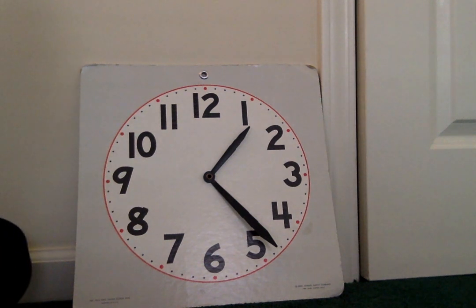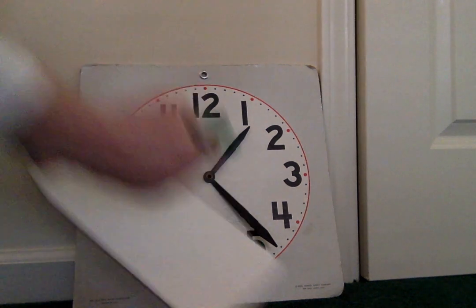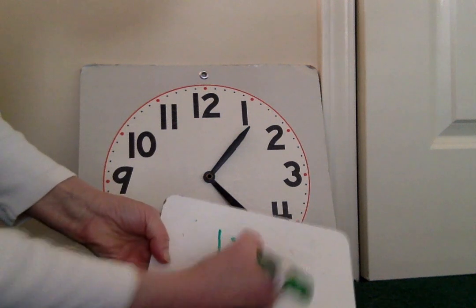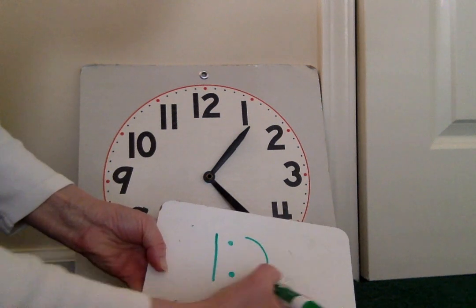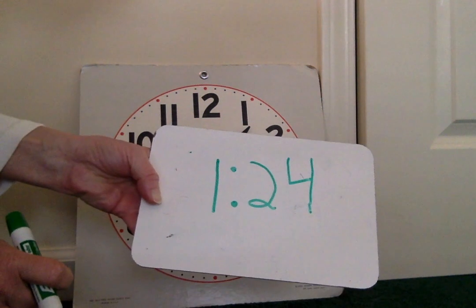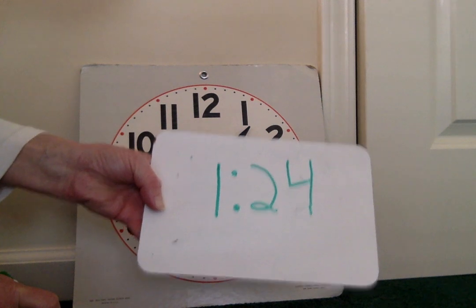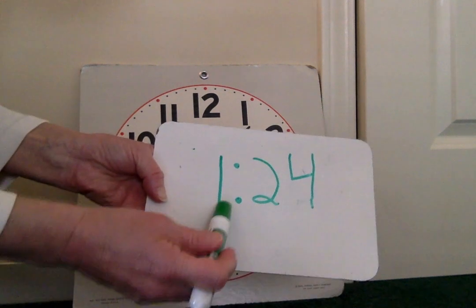When we write that time, we're going to write it one is the hour, and it's 24 minutes after 1. 1:24. That's how we would write our time. That says 24 minutes after 1.